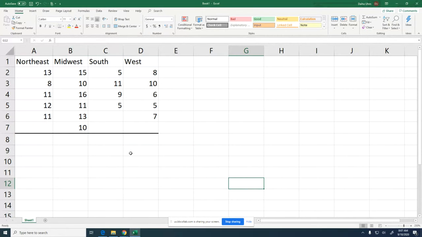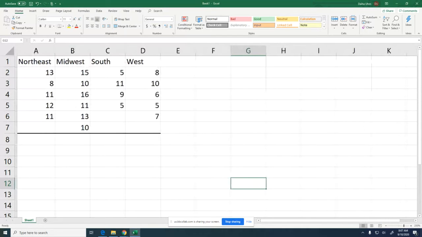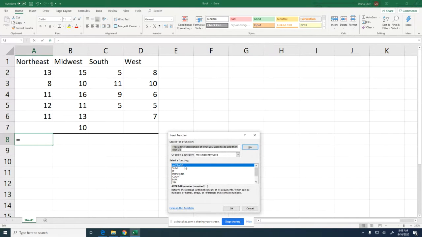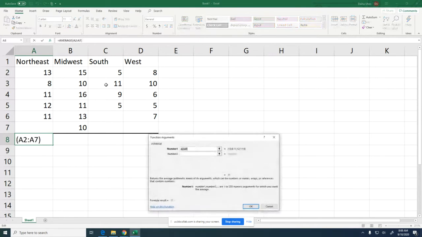Let me take the average. We need the MSTR and MSE, and for both of them we need the means, right? So at the bottom, go to the function, take the average from here to here.